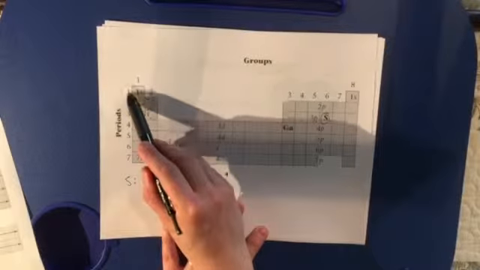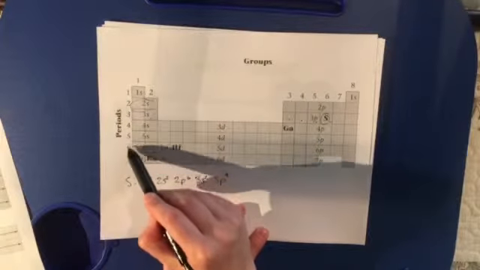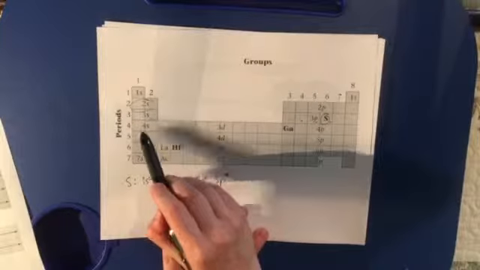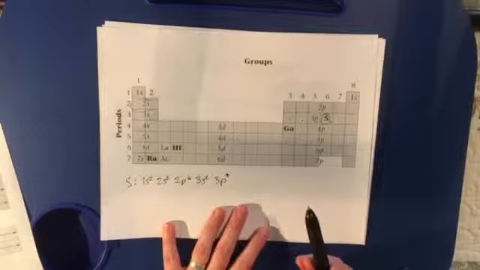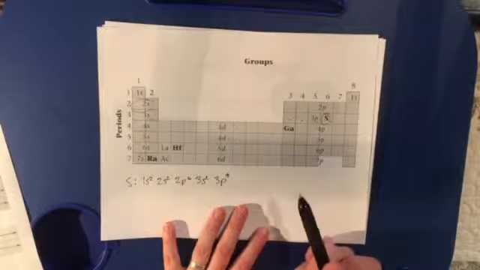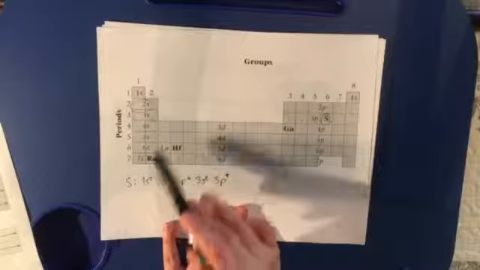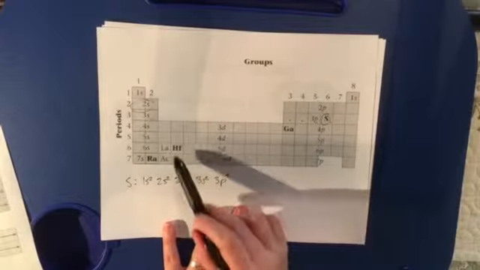Notice how everything here, the p's and the s's line up with the periods. The d's are always one behind, so 4s, it goes to 3d. And then the f's would end up being 2 behind. We're not going to do a lot of f orbitals. I'm going to stick with s, p, and d because the f's get weird.